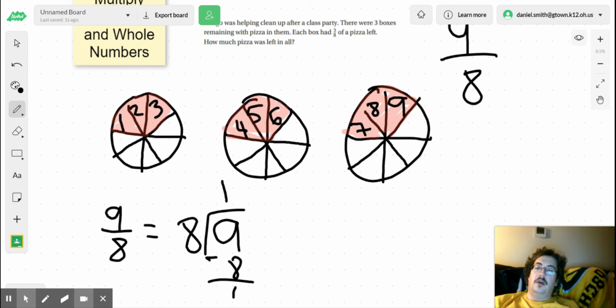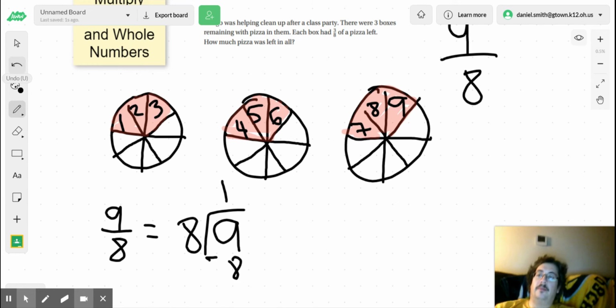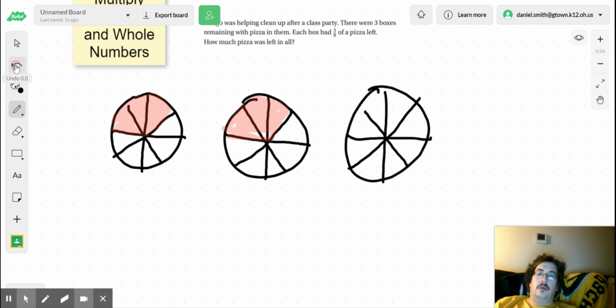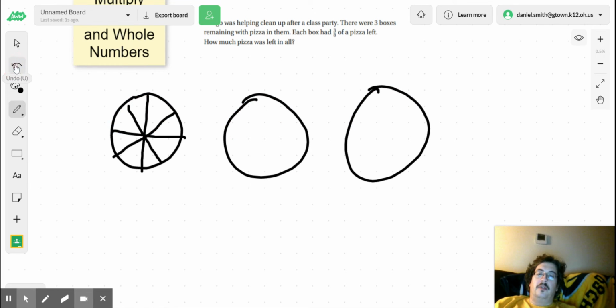So the first way we used was using pictures to help us.